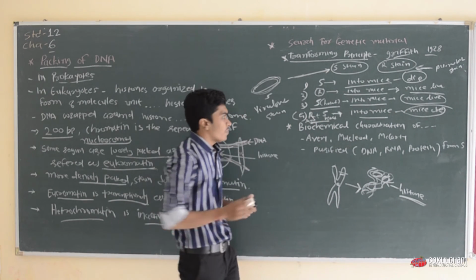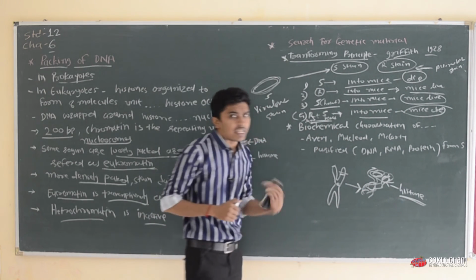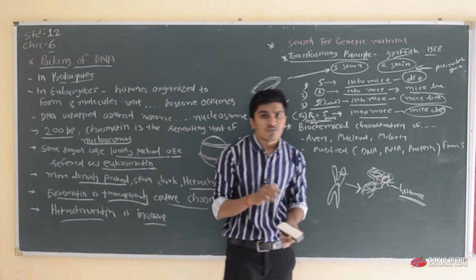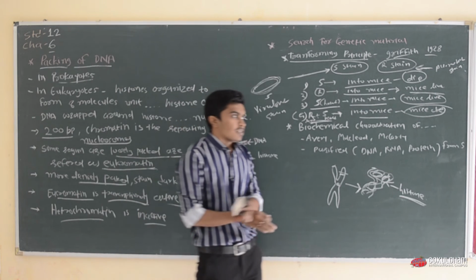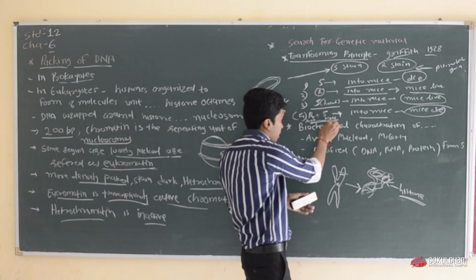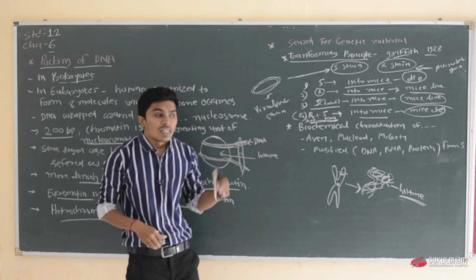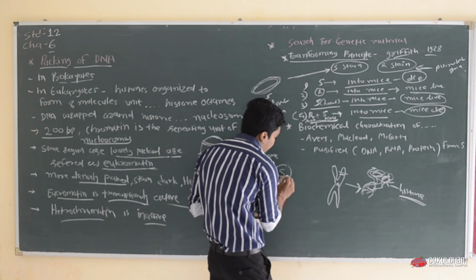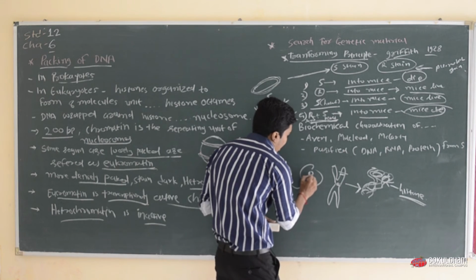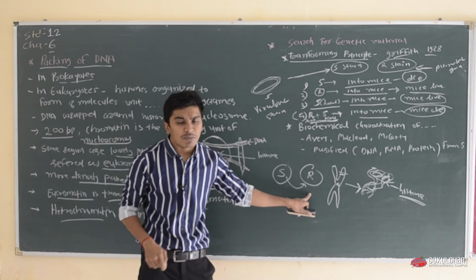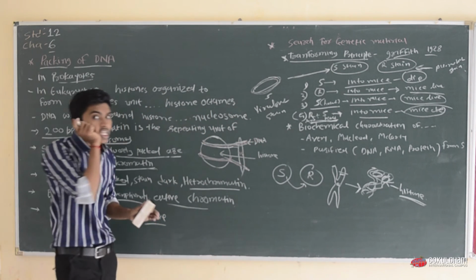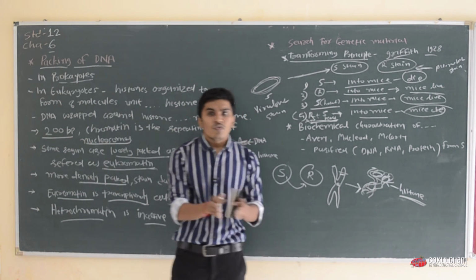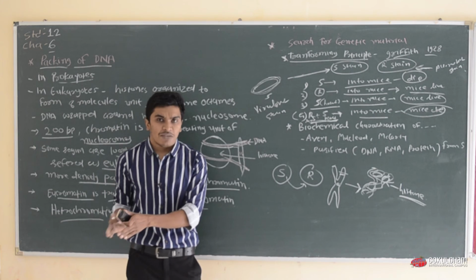Now he thought: I introduced a rough strain bacteria, but somehow this bacteria converted into smooth strain bacteria, which killed the mice. This means something from the S strain bacteria is passing to the rough strain bacteria. So he concluded that something is passing from the smooth strain bacteria to the rough strain bacteria.